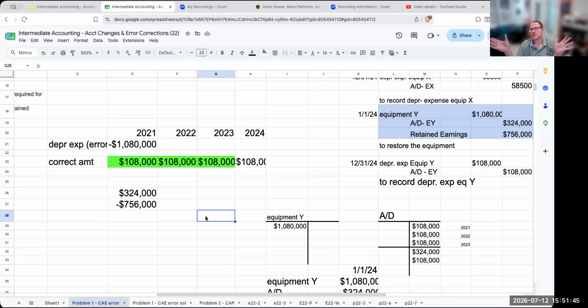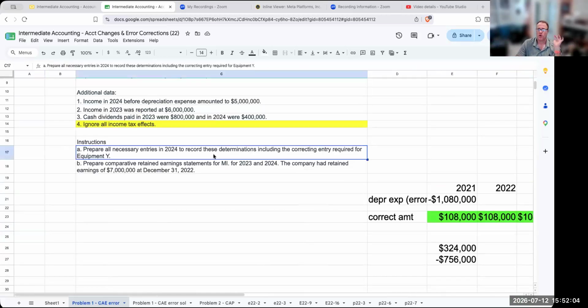Now, if I had the books open for two periods, I would be saying, well, to restore it as of 1/1/23, then I would be doing just these two parts. Okay, so that's where we are. We've done this: prepare all necessary entries in 2024 to record these determinations, including the correcting entry required for equipment Y. Now we're going to prepare comparative retained earnings statements for MI for 2023 and 2024.